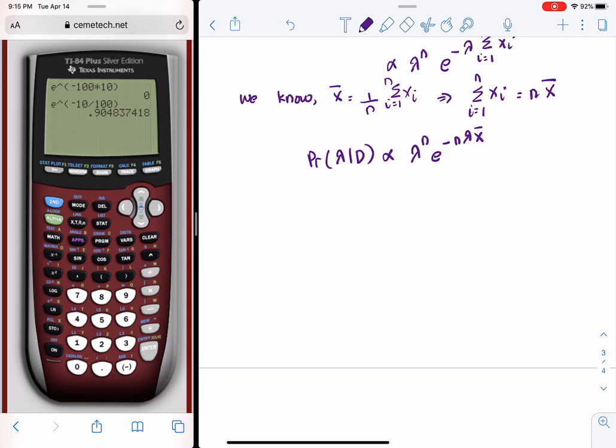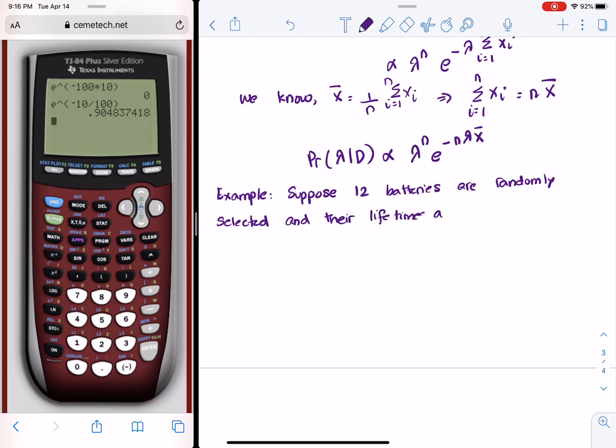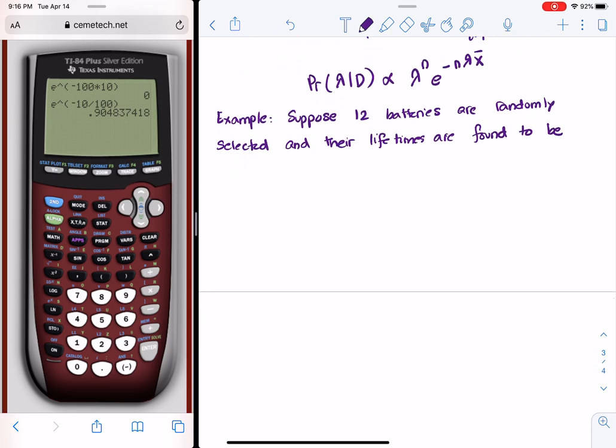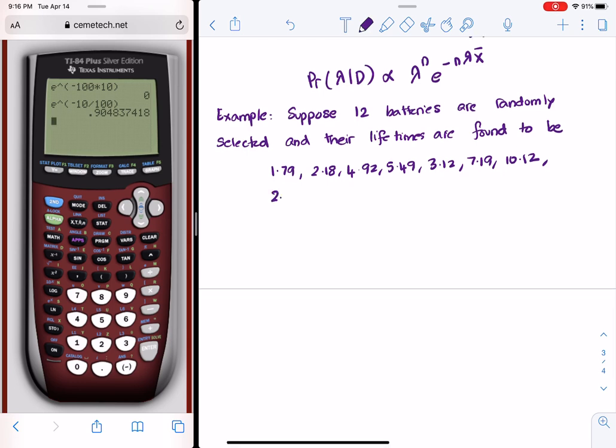So here is an example. Suppose 12 batteries are randomly selected and their lifetimes are found to be 1.79, they're all in years, 2.18, 4.92, 5.49, 3.12, 7.19, 10.12, 3.36, 7, 2.19, 3, 4.2, 5.1, and 6.8.